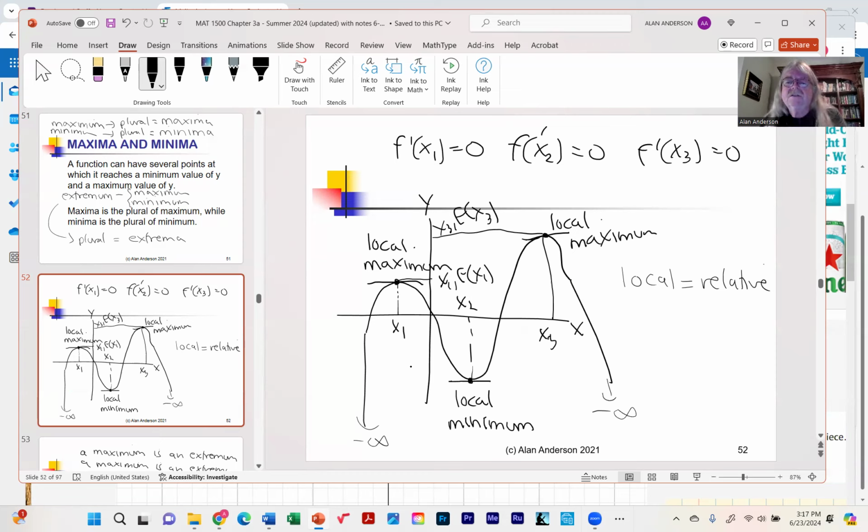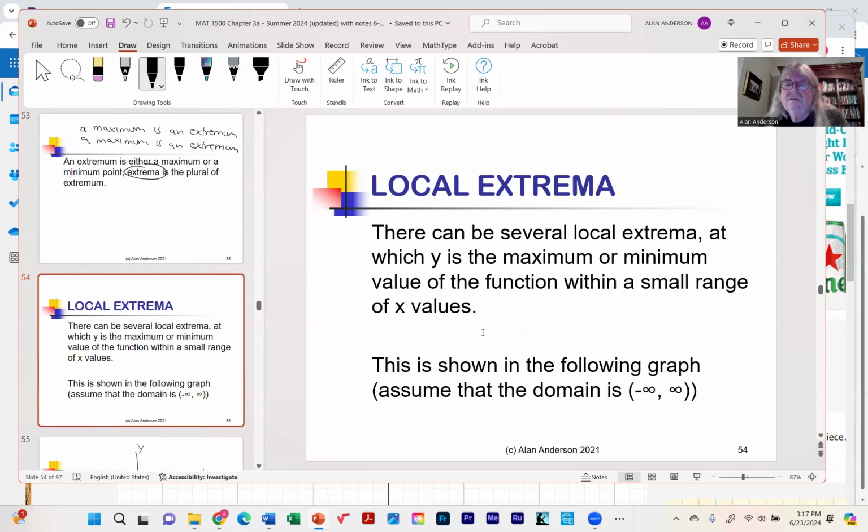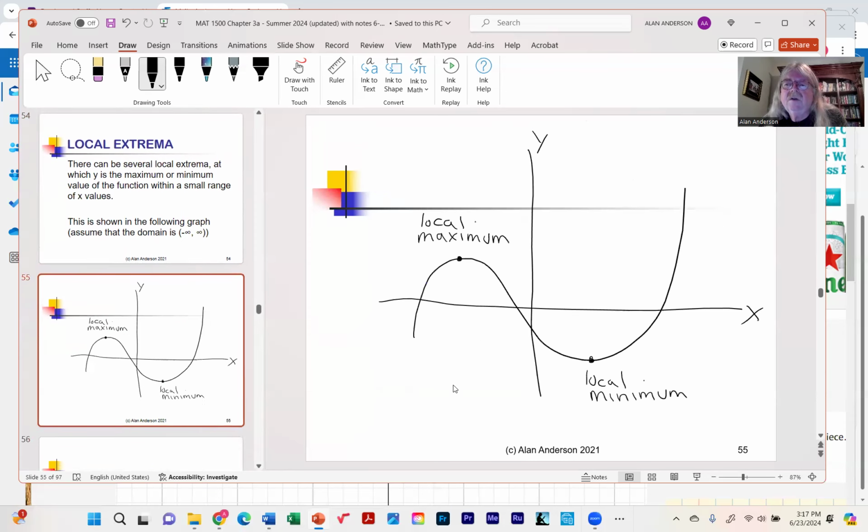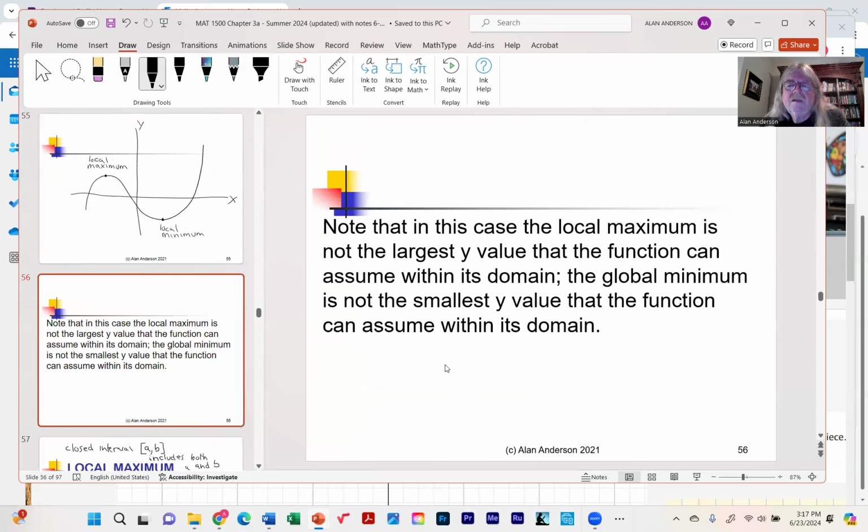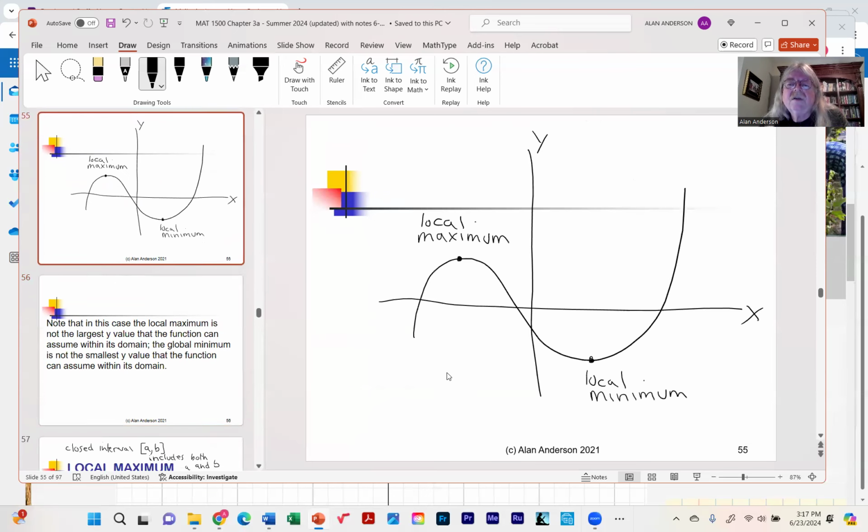Okay, so we can call these local extrema. And so here it's more straightforward. We also can call them relative extrema. And by the way, if you notice, the function here comes from negative infinity.